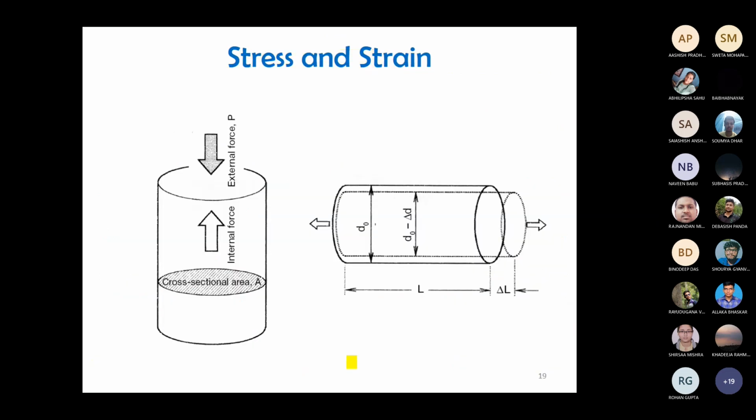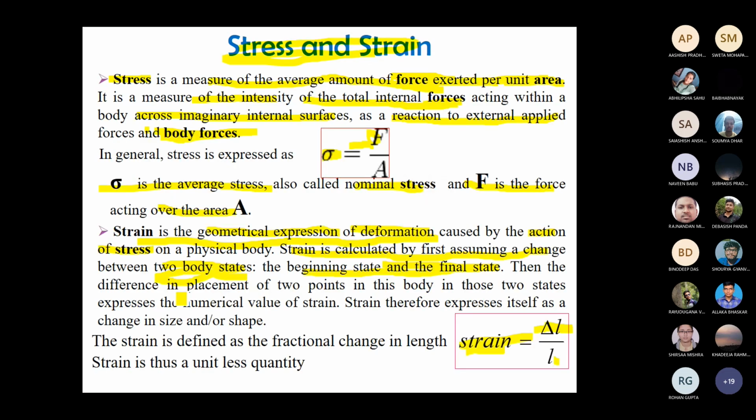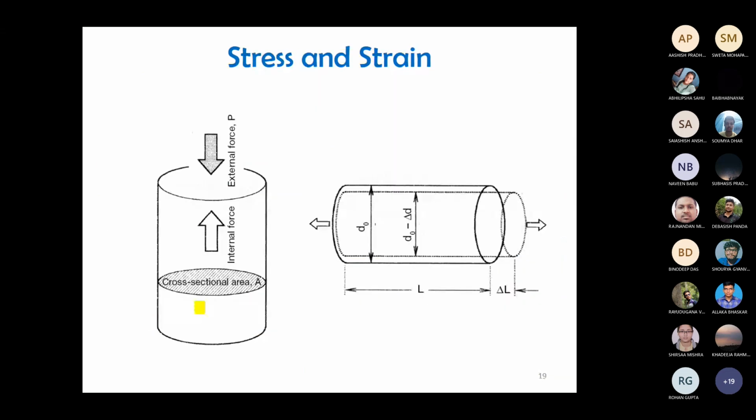From the diagram, for the cross section the strain is delta A by A, and for length it is delta L by L. Considering area, how much change there is, strain equals delta A by A for cross-sectional variations.